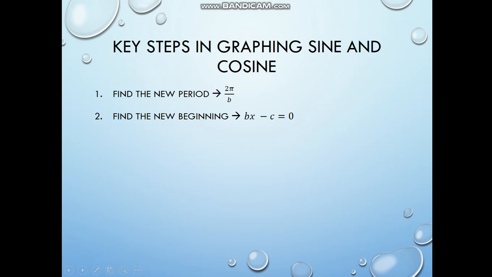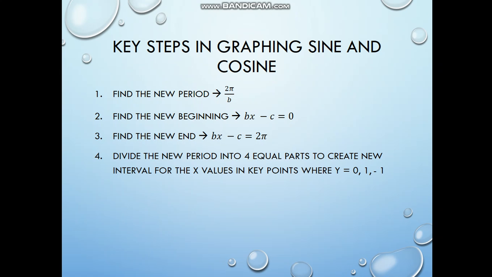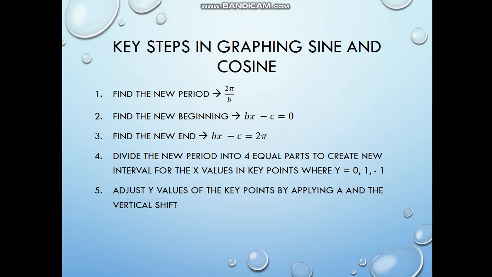The second one, find the new beginning, bx minus c equals 0. 3, find the new end, bx minus c equals 2 pi. 4, divide the new period into 4 equal parts to create new intervals for the x values in key points where y equals 0, 1, and -1. 5, adjust the y values of the key points by applying amplitude and the vertical shift.